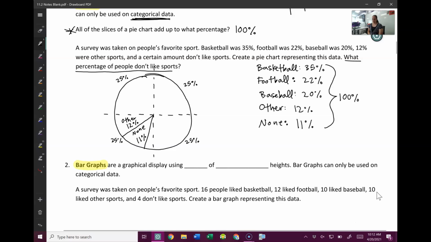Now I can say football, that's a little less than 25%, so I can go a little less than 25. That one's going to be football. And baseball is 20%, so that's quite a bit less, and I'm going to use this little bit here, so there-ish.